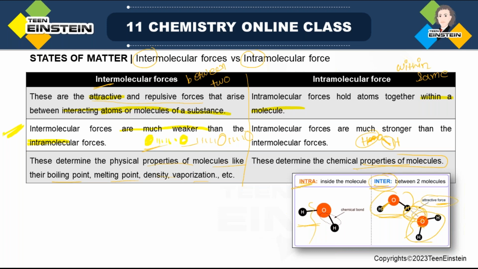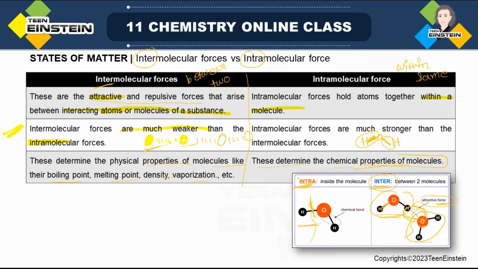Now you have to consider intra, because that gives you the strength of the bond between H and O, since you have to break this bond in a chemical reaction. So the knowledge of the strength of a chemical bond, whether covalent or ionic, is needed. These determine the chemical properties of molecules.